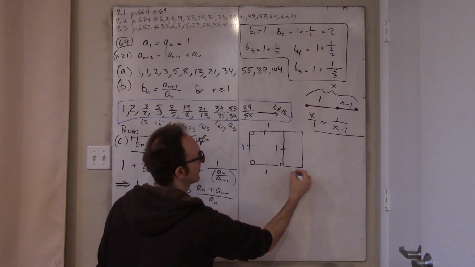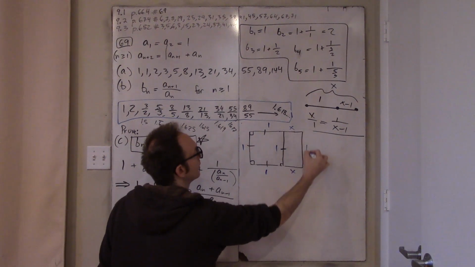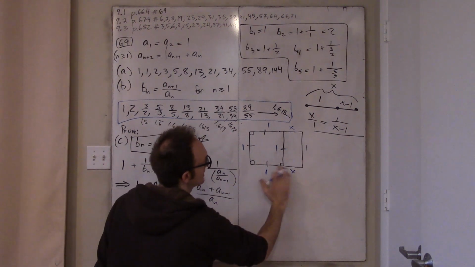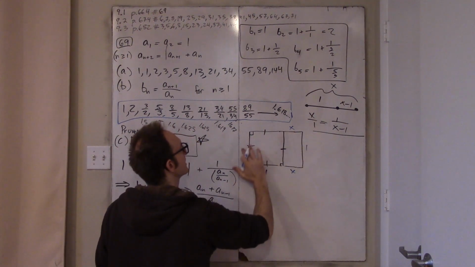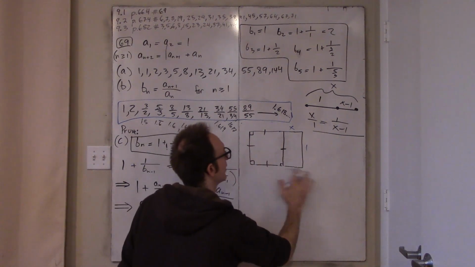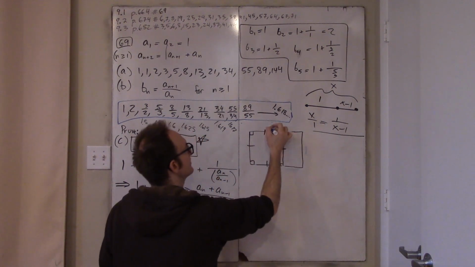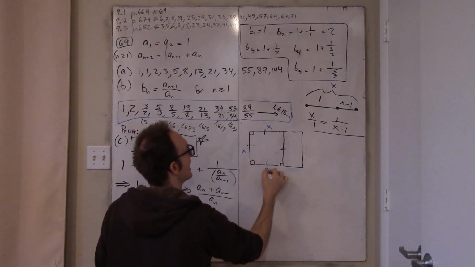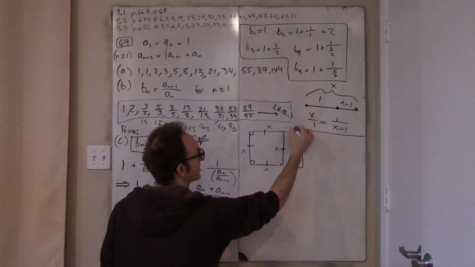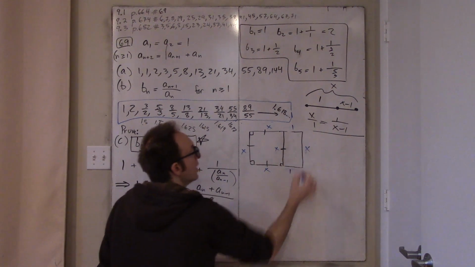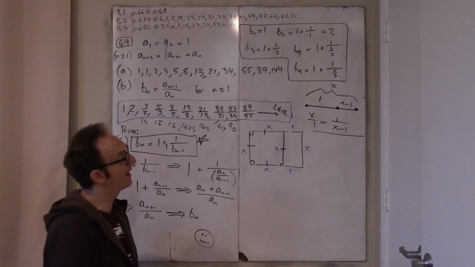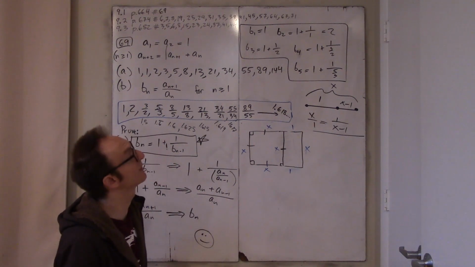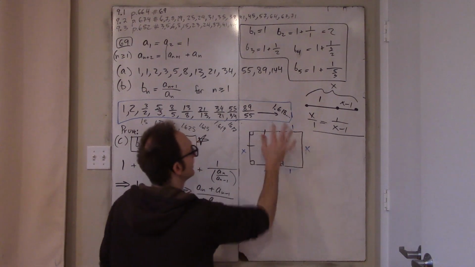Actually, let's make this x, and the whole thing becomes x plus 1. So let this be x, and this little bit 1 here. This is sort of inconsistent with what I did above, but too bad.